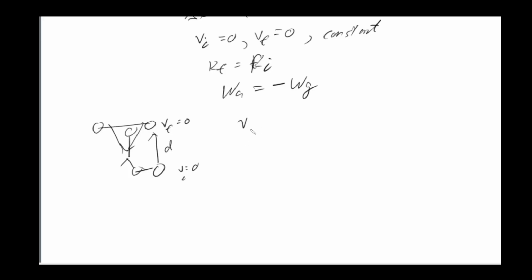Well, in this case, the final velocity equals the initial velocity, which is 0. That means kinetic energy final equals kinetic energy initial, which is 0. So there was a force acting to raise the barbell, but no net work was done.